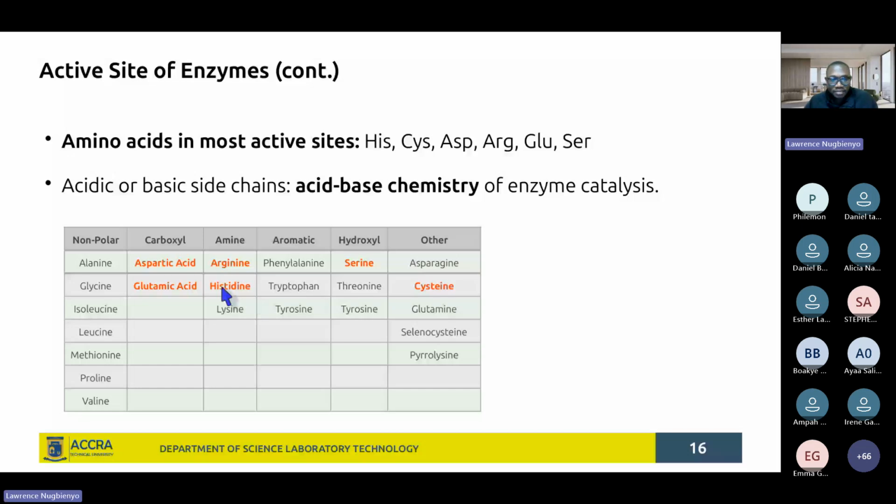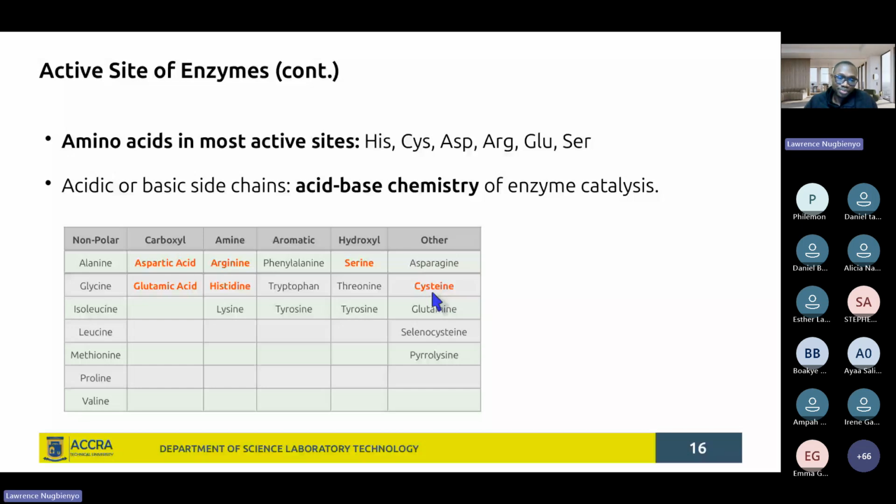And we see serine. If you look at the structure of the side chain of serine, you also see there's an OH, a hydroxyl group. And that hydroxyl group can have some hydrogen bonding with substrates. It can also even give out the hydrogen from that hydroxyl group as a proton. Cysteine will do the same. You remember cysteine is one of the amino acids with sulfur in it, so it's just a CH2SH.